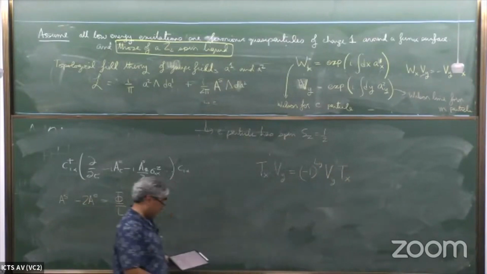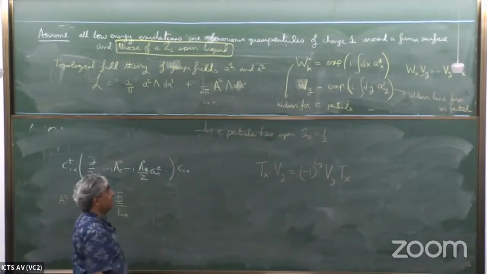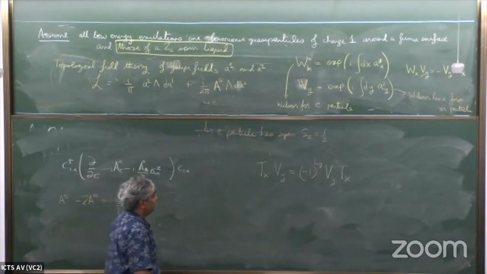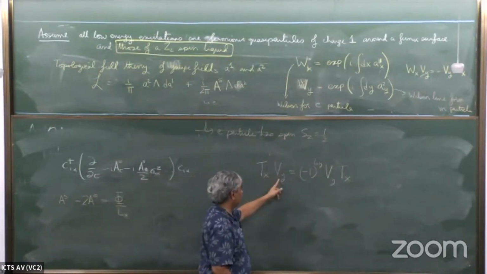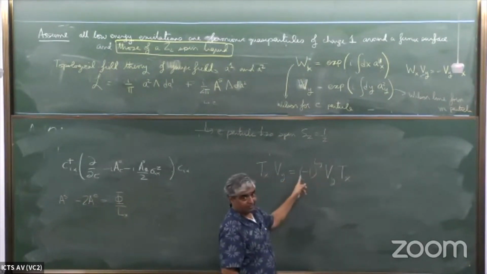This is non-topological information that the Chern-Simons theory doesn't know about, but it's, if you wish, some kind of anomaly associated with the underlying Z2 spin liquid on the lattice. If you translate the Wilson line operator Vy by one lattice spacing, you pick up a factor of -1 to the Ly.